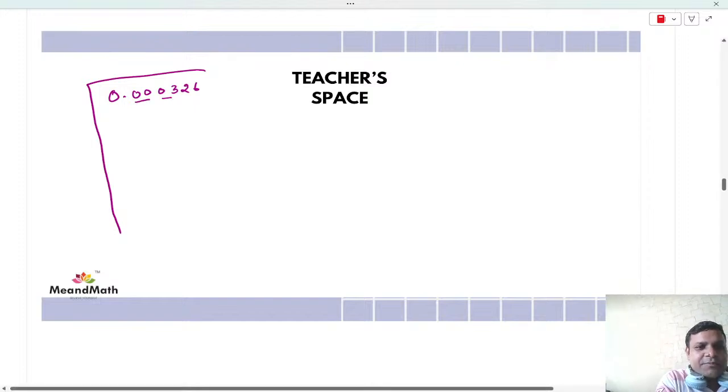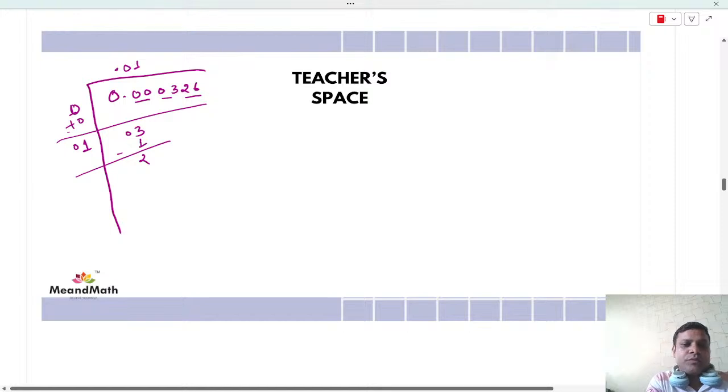First pair, second pair, and third pair. So the first pair is 0, the second pair 0 here. So 1, 1. If you subtract here, this is 2. Again add 1, 2. Copy the next pair, 226.